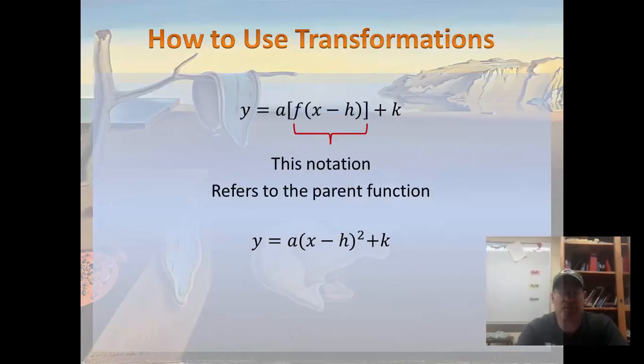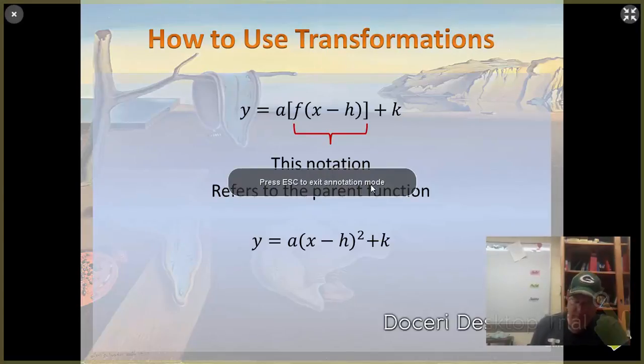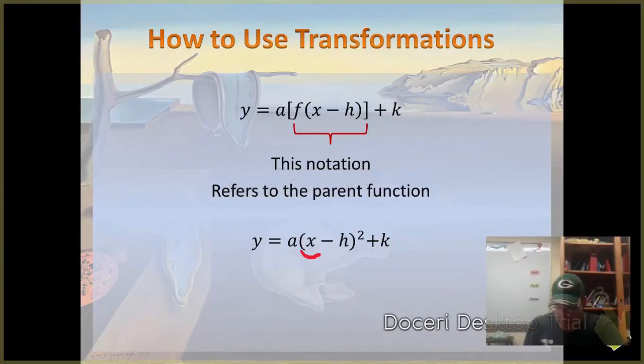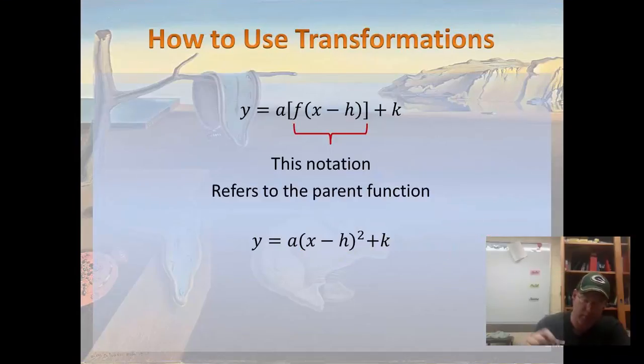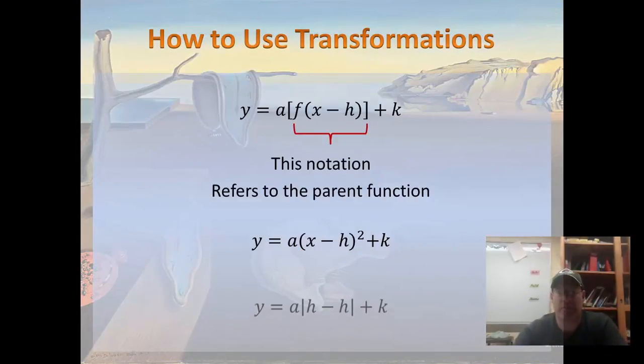Our first function, and I didn't use any numbers in it, but I have this right here. It's basically the parent function. So obviously that is the quadratic or the square function. How about this one?